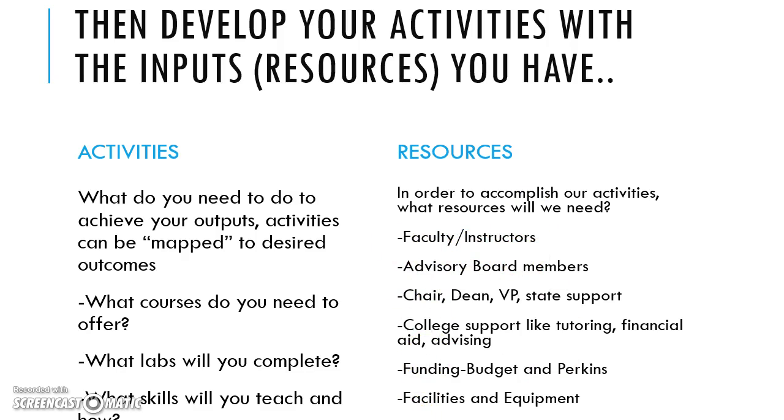Those are all resources, the funds that you have, and that helps you determine what types of activities you want to use. And these activities relate back to curriculum mapping, in that you can map them to what your desired outcome is. So for example, if your desired outcome is to teach a student the use of the electronic medical record, what courses do you offer in that? What software do you have that students can practice on that electronic medical record?